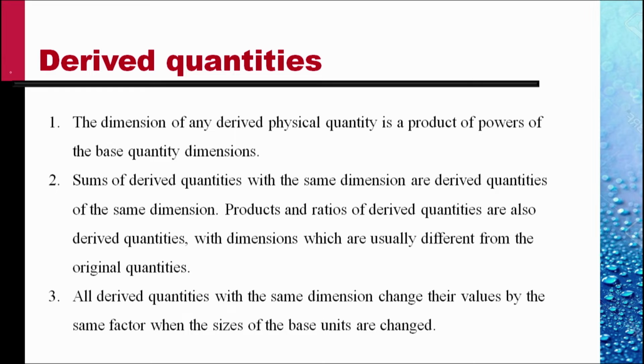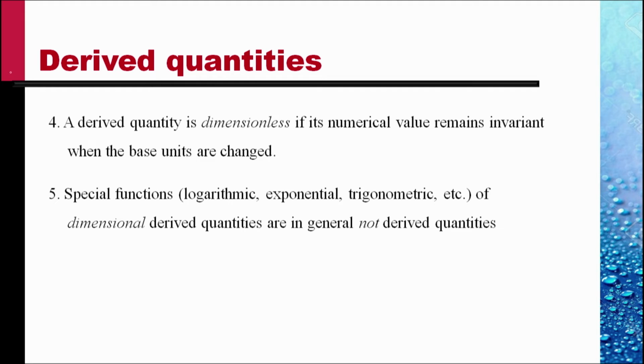Third, all derived quantities with the same dimension change their values by the same factor when the sizes of the base units are changed. A derived quantity is dimensionless if its numerical value remains invariant when the base units are changed.